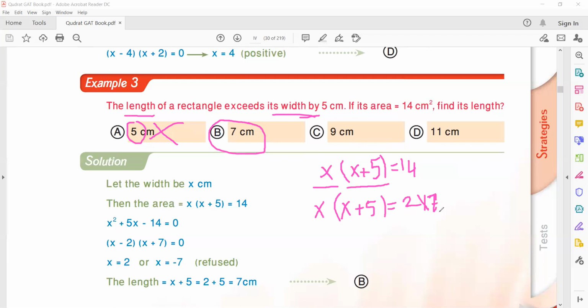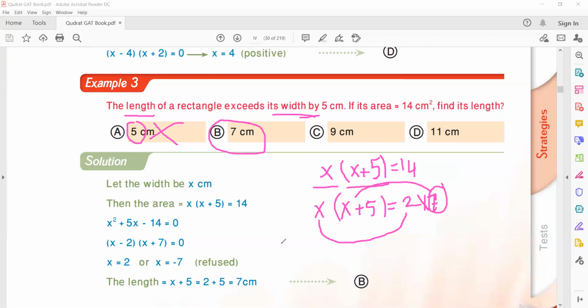Between 2 and 7, it is 5, right? So now x will be 2 and x plus 5 will be 7, right? So the length, it is what? It is 7, right? Good.